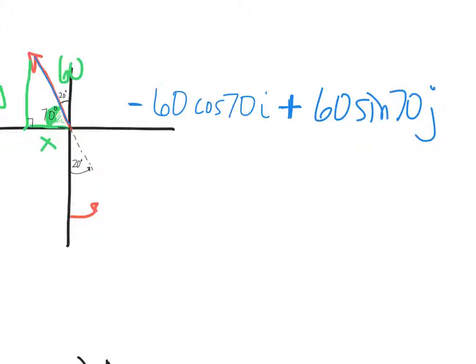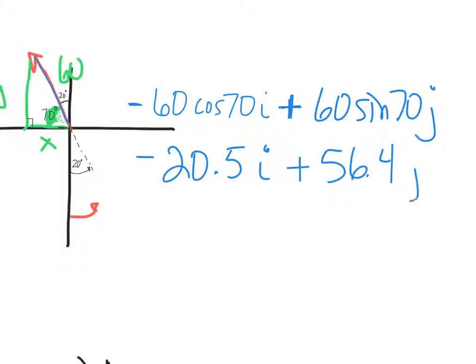It's important to get the positives and negatives correct. So this is a negative 20.5 i plus 60 sine of 70, 56.4 j. Okay, so this is my wind component.